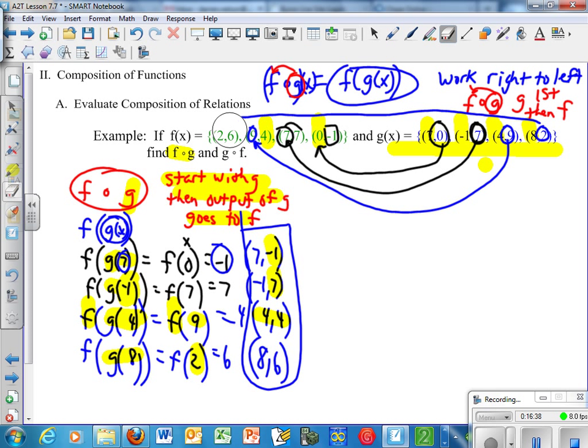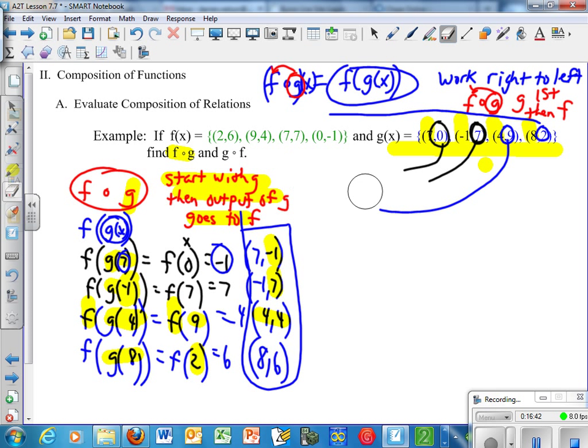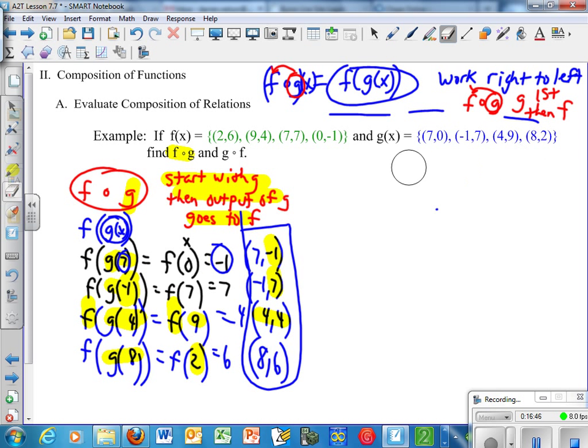So what I'm going to do is erase all this stuff up here, otherwise it's going to get too messy. And now I want to think of going the other way. We're going to kind of change gears here. Now I want to do g of f.